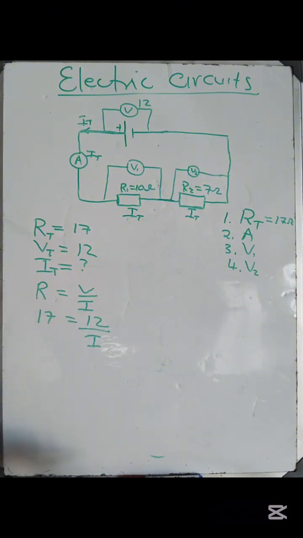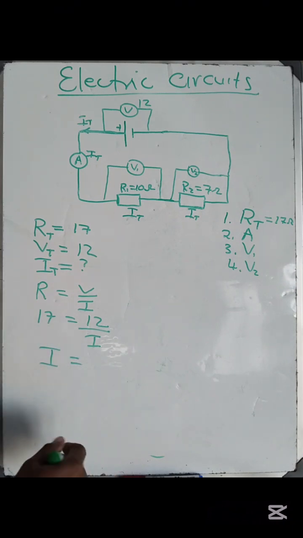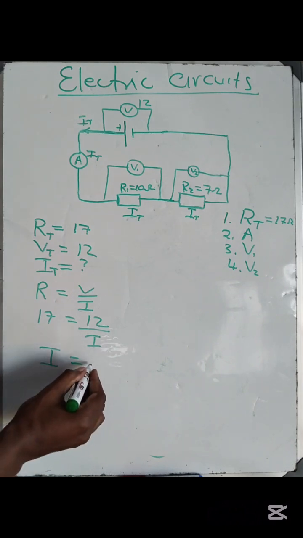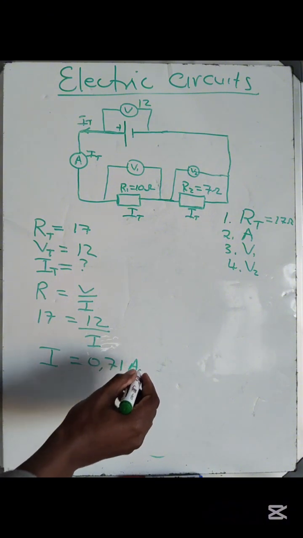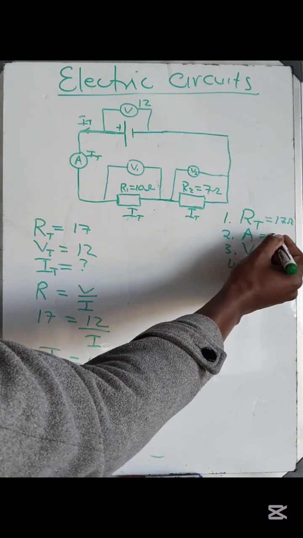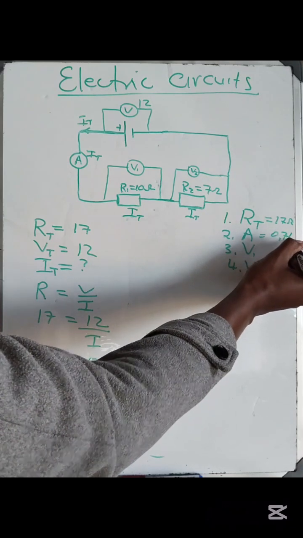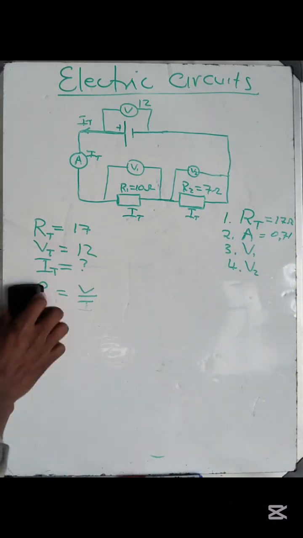Then we cross multiply, so we get 12 divided by 17. The current is 0.71 amperes. So the total current, the reading on A, is 0.71 amperes. Then we're done with the total current.